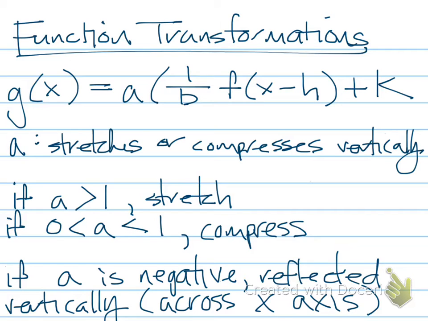If a is greater than 1, then it's going to stretch the function vertically. If a is between 0 and 1, a fraction between 0 and 1, then it's going to compress the function vertically. And if a is negative, it's going to reflect the function vertically, meaning it's going to reflect it across the x-axis.